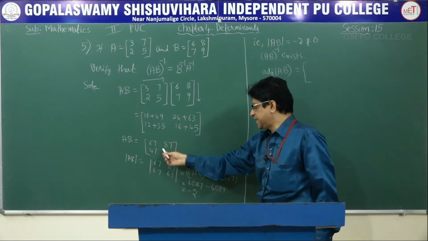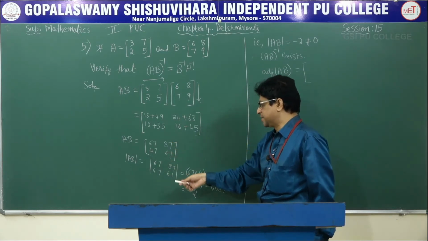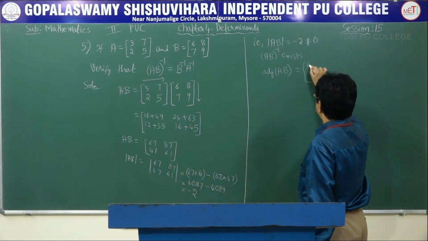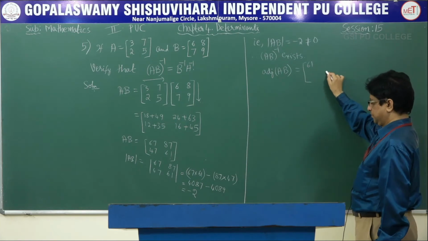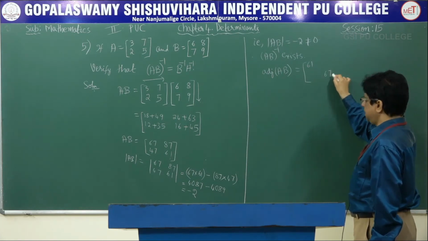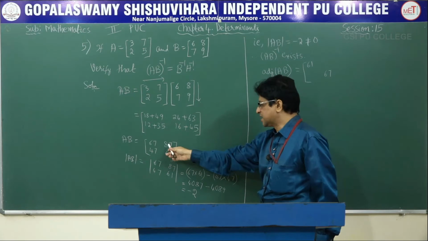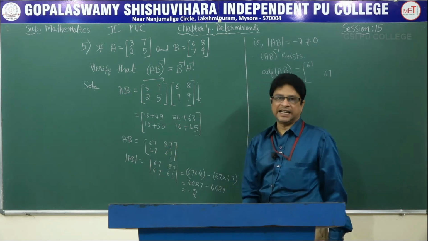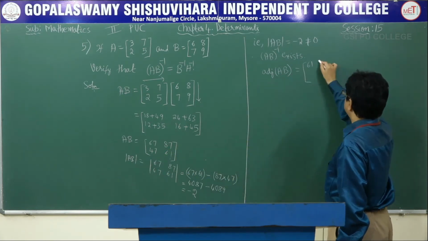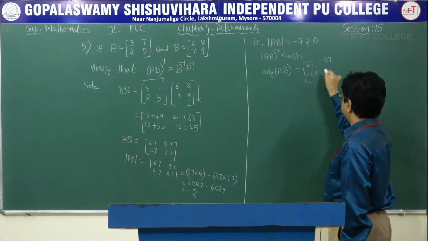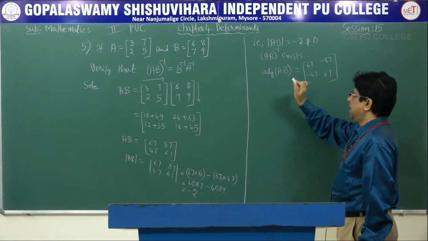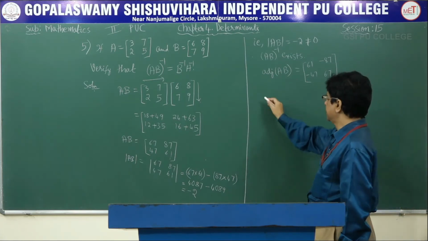Here we have to interchange the principal diagonal elements 61, 67 and change the sign of the other diagonal, that is minus 87, minus 47. So, this is the adjoint of AB.